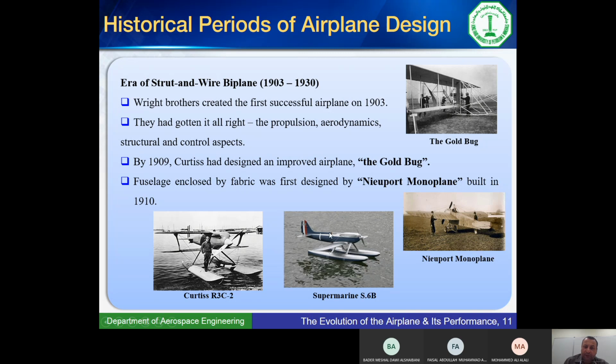This aircraft evolved later. Its design improved, and by World War II, it became the famous Spitfire, the British aircraft. Towards the end of that era, people started to explore the single wing, called monoplanes or single planes, instead of the biplane that we have here.